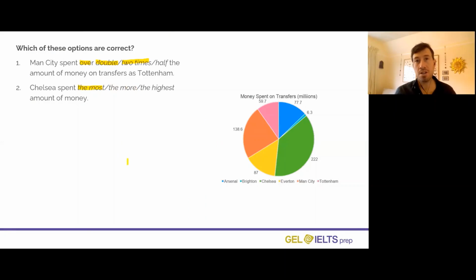You can't say the more, because the more is when you're comparing 2 things. The most means the number 1 out of all of them. And you could also say the highest amount of money. That would be fine too. Now look at the next question, and again choose the correct options.